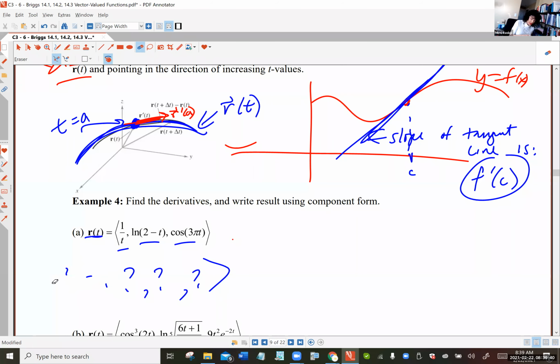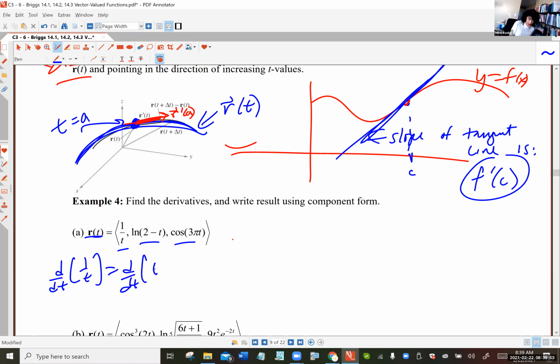So I like to do this piecemeal. I take each component in turn. What is the derivative with respect to t of the first component? I like to rewrite 1 over t as t to the -1, and then use the power rule. And then I don't like negative exponents. So there's your first derivative.